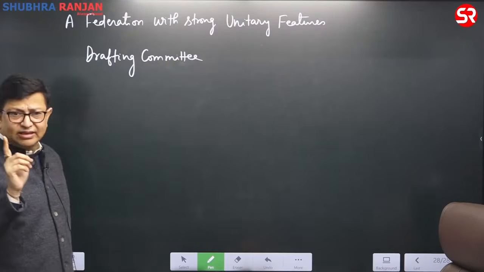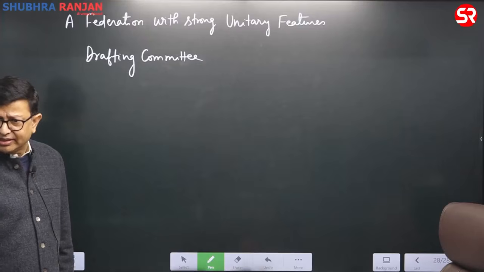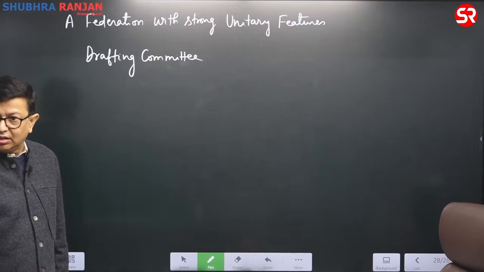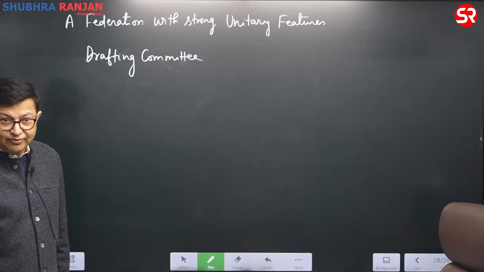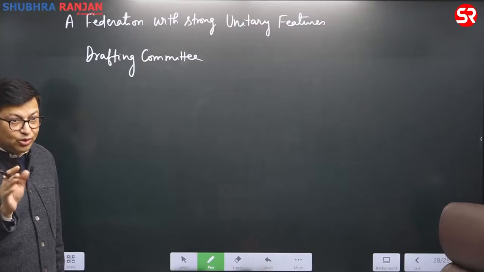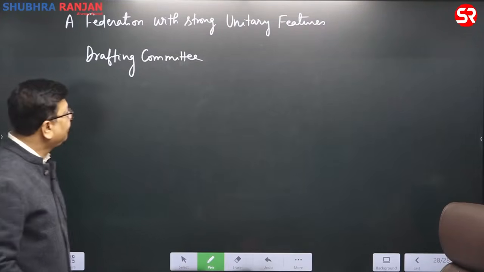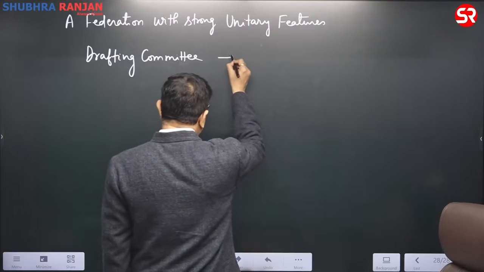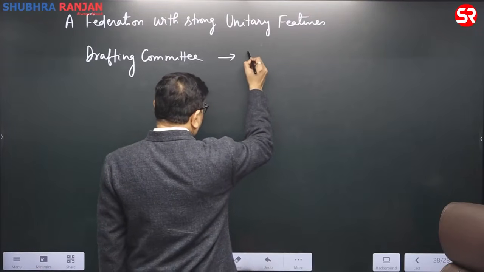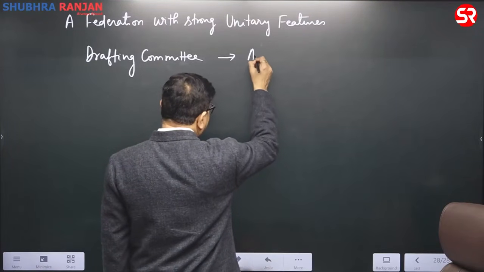You all know what is a federal system, what is a unitary system, you all know. Clear? I feel that yes, you know. Now the drafting committee of the constitution held that India is a federal system.